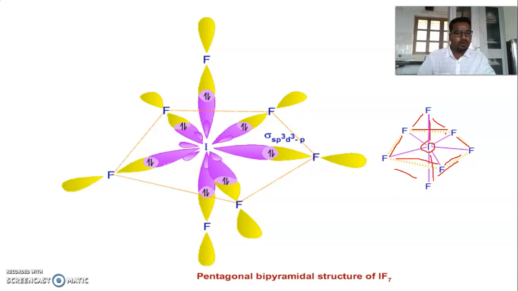You just observe this diagram: the 5 fluorine are present at the corners of the pentagon in one plane, and one fluorine is above the plane, another is below the plane. So this is the structure of IF7.